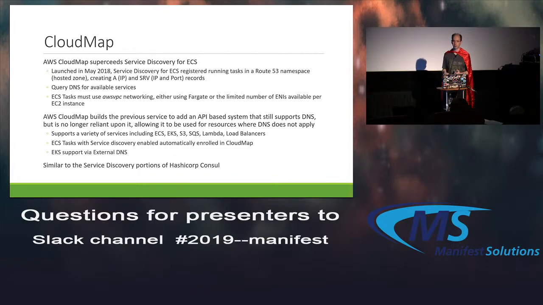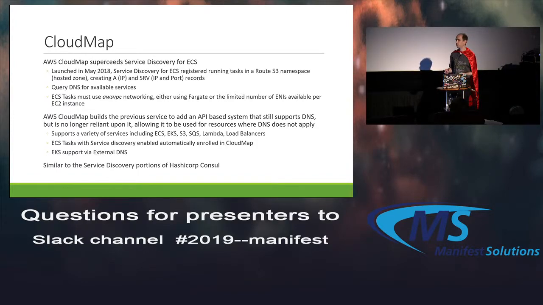You can still use DNS, but not everything really works well with DNS. So what's the DNS for an SQS queue or something else more abstract like that? So it allows you to put things into the API-based system where DNS really doesn't fit because you can't return an IP address for it.